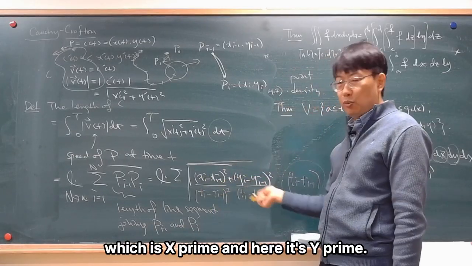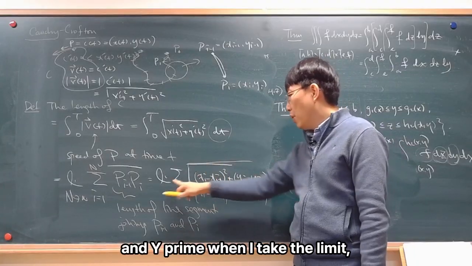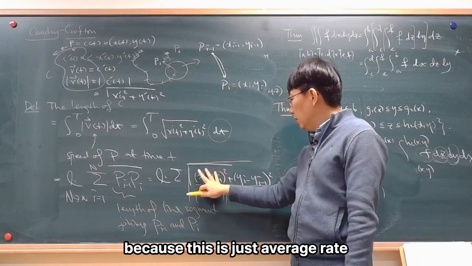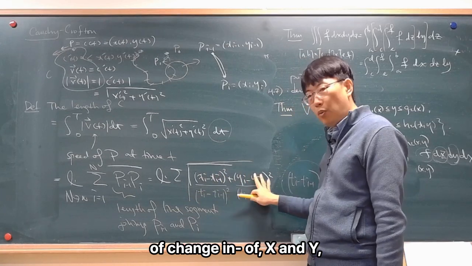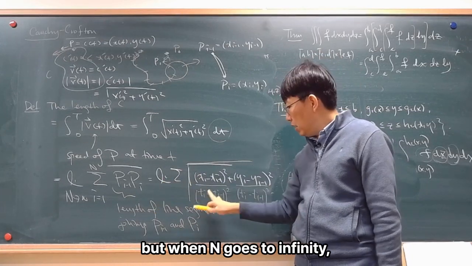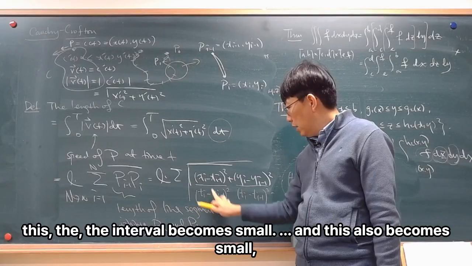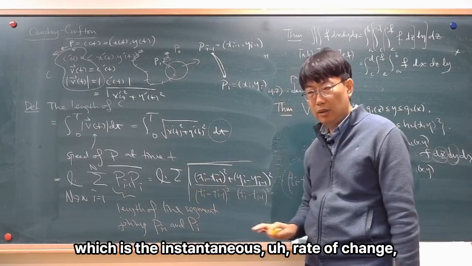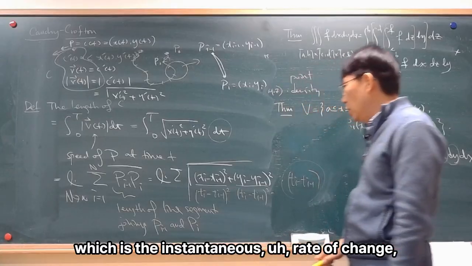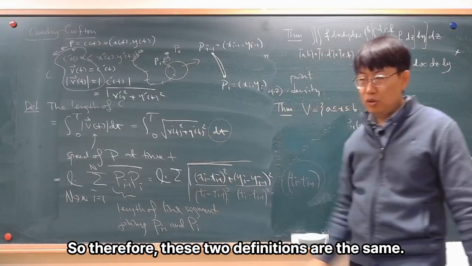And here it's y prime. So it's getting exactly x prime and y prime when I take the limit, because this is just the average rate of change of x and y. But when n goes to infinity, the interval becomes small, and it's going to be the limit of the ratio, which is the instantaneous rate of change, x prime and y prime. So therefore, these two definitions are the same.